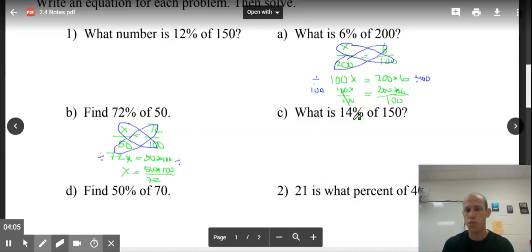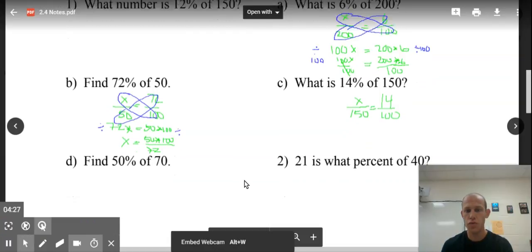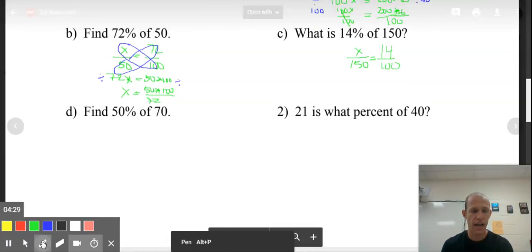Over here, what is 14% of 150? Well, the 14 is going to be the thing out of 100 equals. Figure out what the 150 is, the part or the whole. What is 14% of 150? We're looking for a part of 150, so that is the whole thing. So we need to cross multiply and divide.